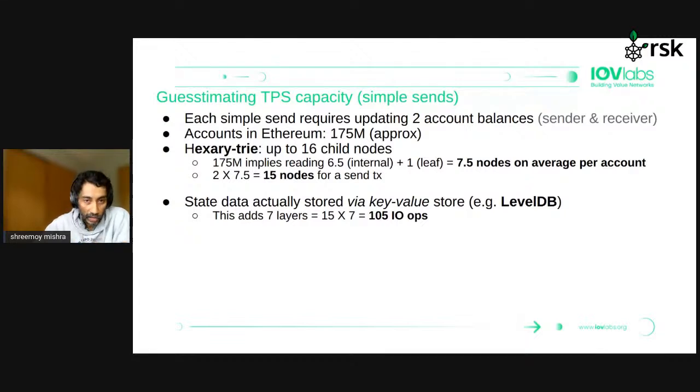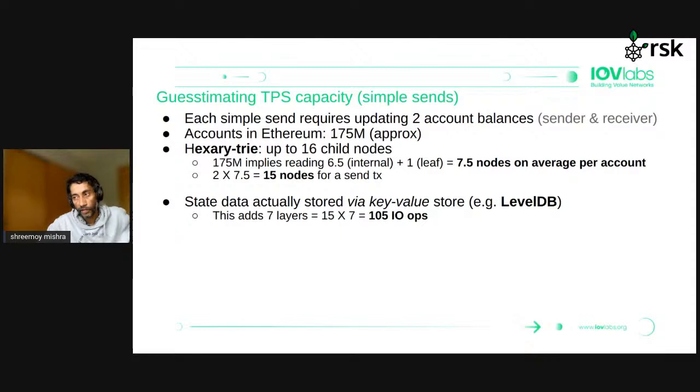So each of these nodes, read and write, becomes a 15 times operation on disk. And the 15 nodes for sender and receiver become a total of 105 I/O ops.